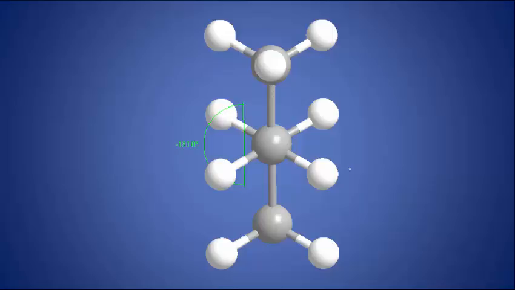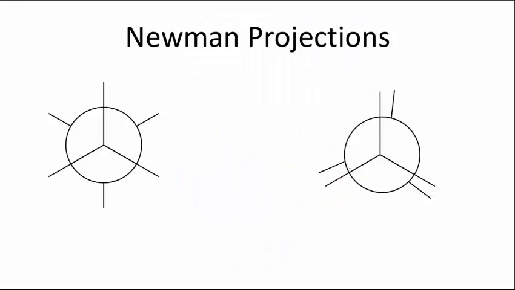So someone named Newman, I guess, probably not the guy from Seinfeld, but probably another Newman, came up with a way to represent these. They're called Newman projections. And what Newman projections are is just a way that we represent the different conformations.